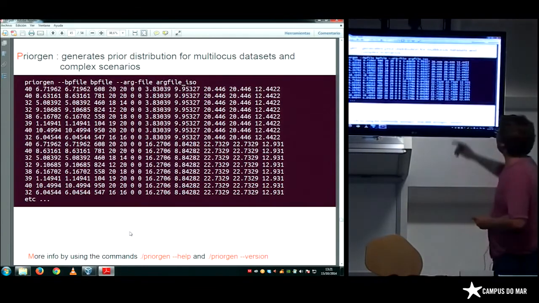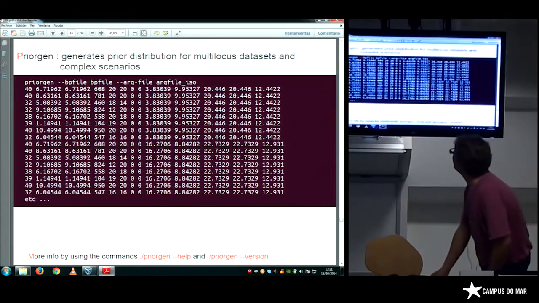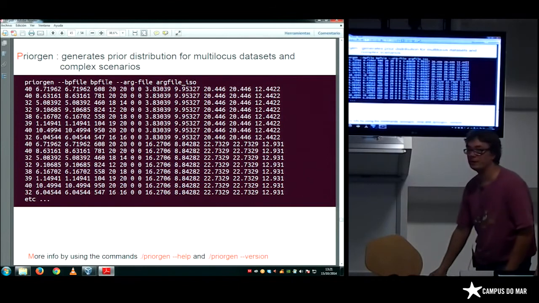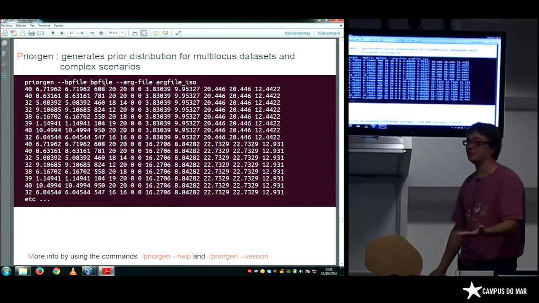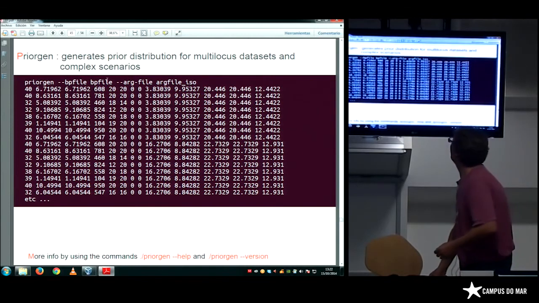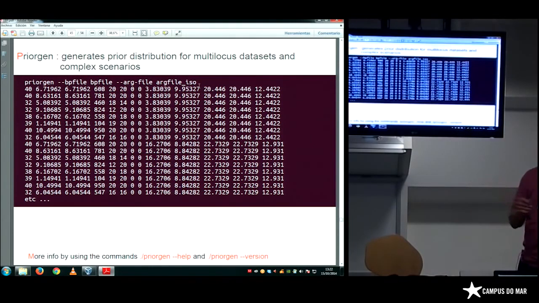Okay, so maybe you can try this. It's called PriorGen, using as BP file a file that I call BP file, which is already in your folder. And as an arg file, it's called arg file ISO. So ISO is isolation without gene flow, strict isolation.